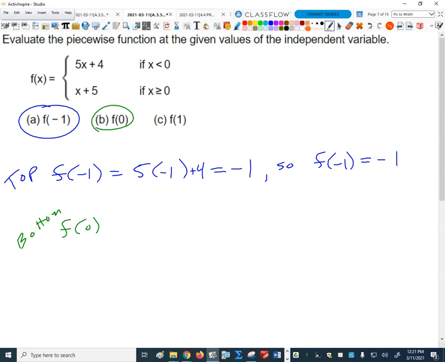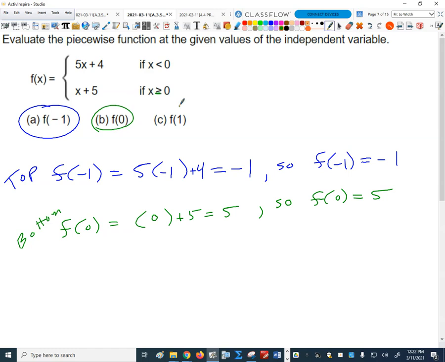It's going bottom because 0 is not less than 0. 0 is greater than or equal to 0, right? It's equal. That bottom piece includes the equal sign. So then every place where I have an x in the bottom, I'm just going to plug in a 0. So 0 plus 5 equals 5. So we end up with f of 0 equals 5.